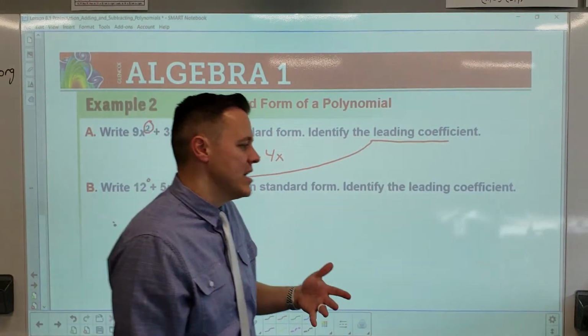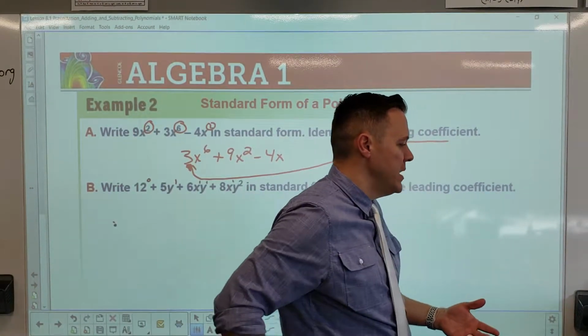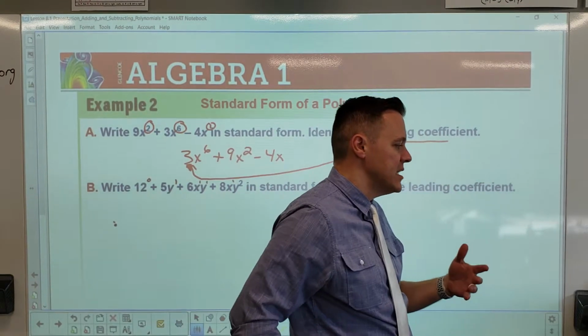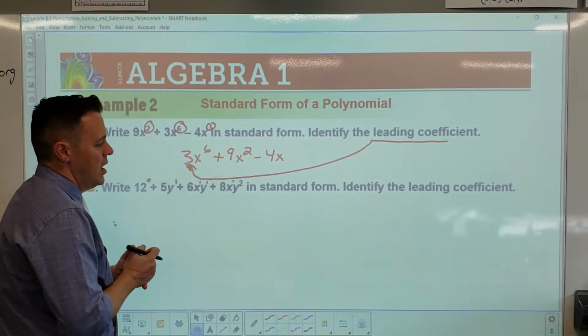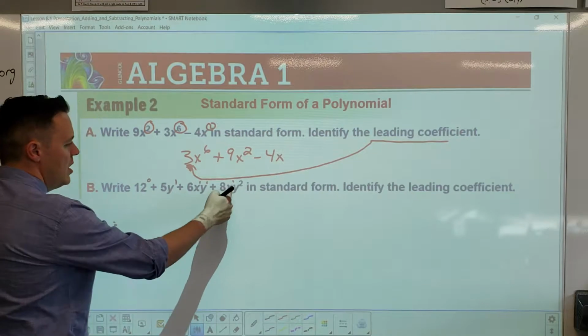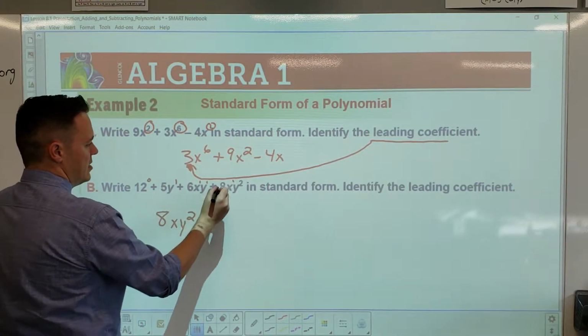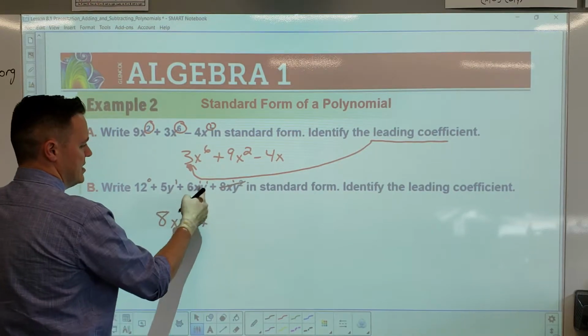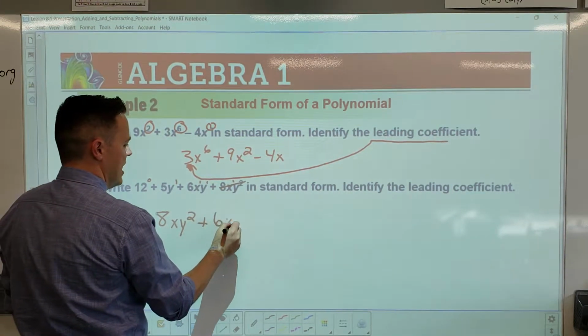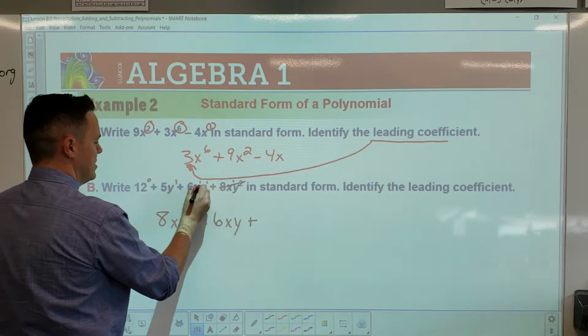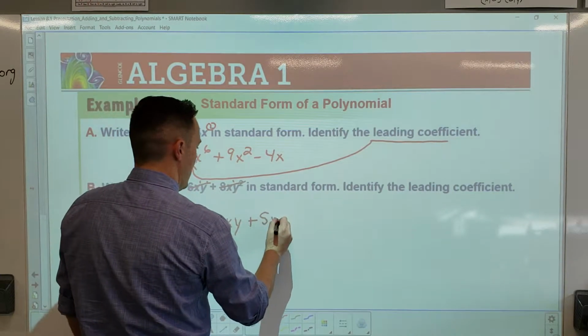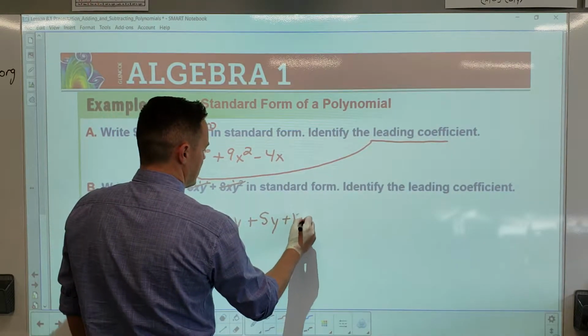Okay, but how it actually will work is, if you're adding it up like that, it's going to be a pretty simple straight up addition setup. So my first one here is going to be 8xy squared. Okay, cross that off. Plus, this has got 2 degrees, 6xy plus 5y plus 12.